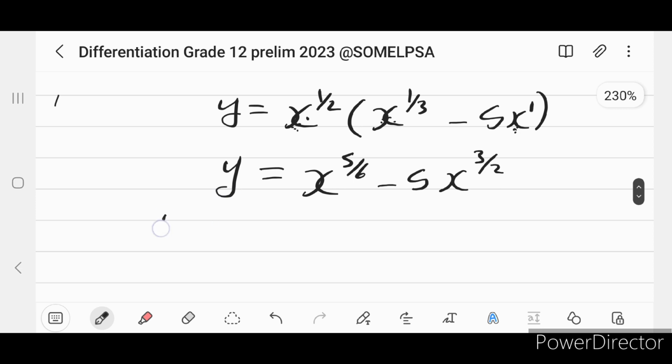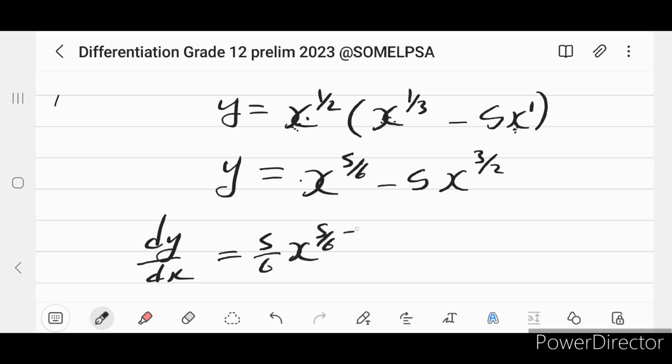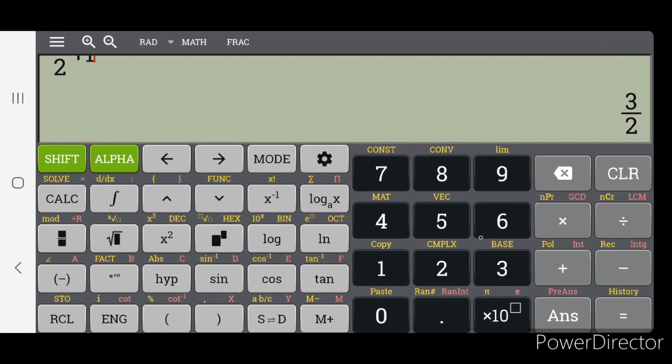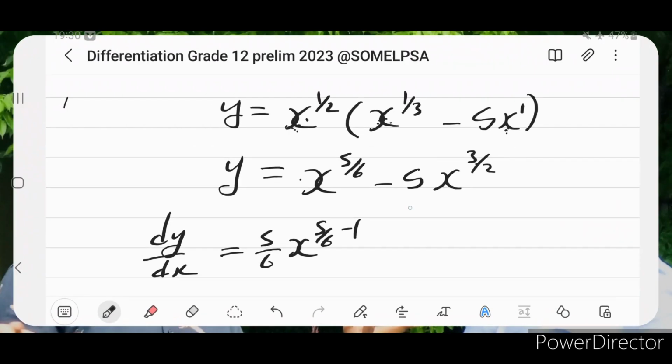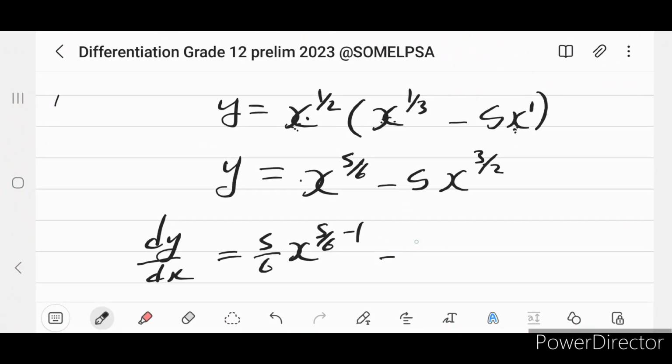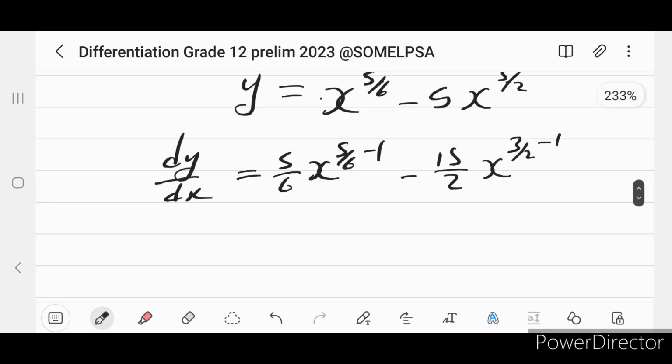So now I can find my dy over dx. This times this is 5 over 6 x to the power of 5 over 6 minus 1. This times this, 5 times 3 over 2, so that is 15 over 2. So it's minus 15 over 2 x to the power of 3 over 2 minus 1.